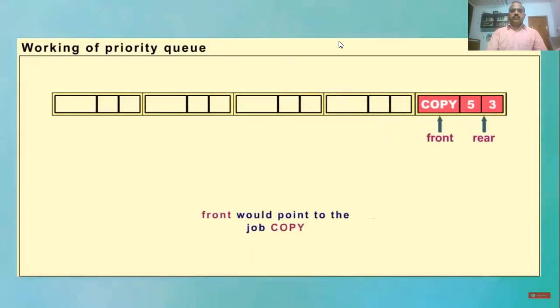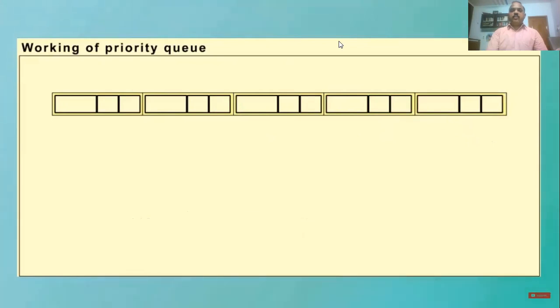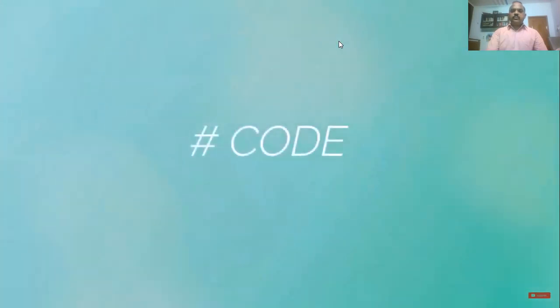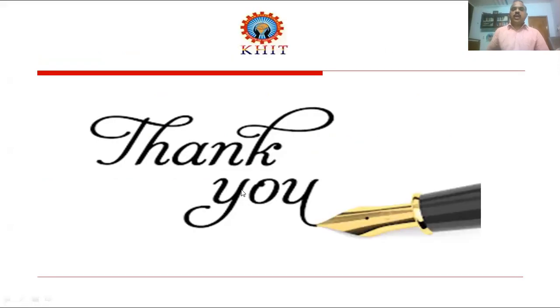Then remove the topic from the queue. So the queue is empty. Okay, all of you. I will explain this in your classroom, as this is a little bit confusing. Thank you very much.